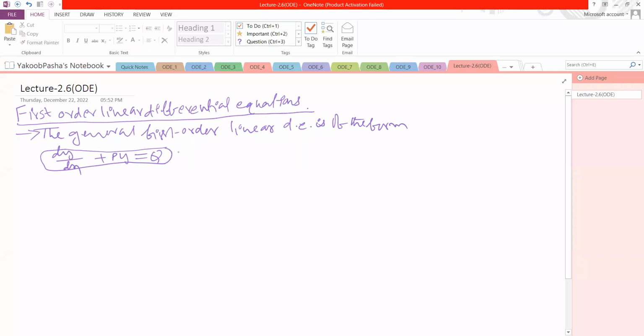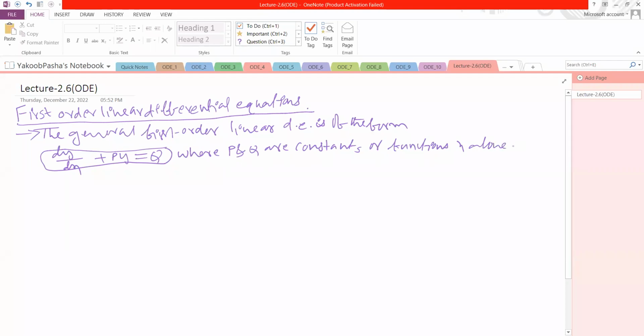Where p and q are constants or functions of x alone.